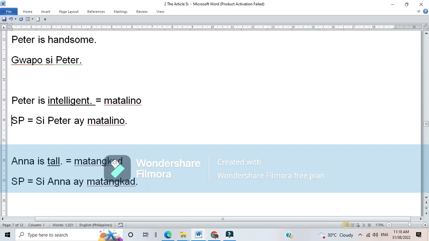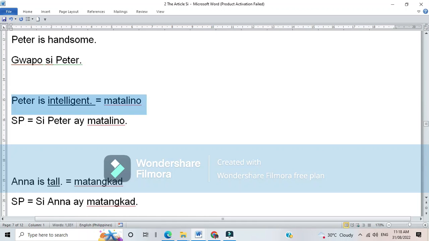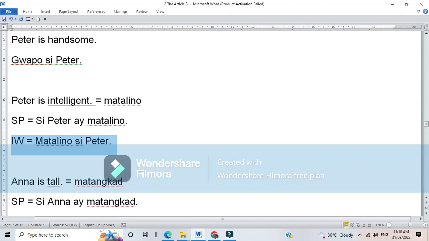What if we are going to say this using the inverted word order sentence? In the inverted word order sentence, the predicate comes first at the beginning. Our predicate is matalino, si Peter. Again we use si because si is used to introduce a proper noun as the subject of the sentence, and this sentence is in the inverted word order.